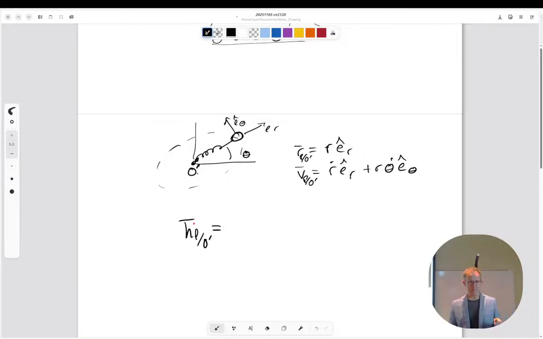So we define position, we define velocity. At this point they're just general definitions. If something's moving, this is how we describe position and velocity.